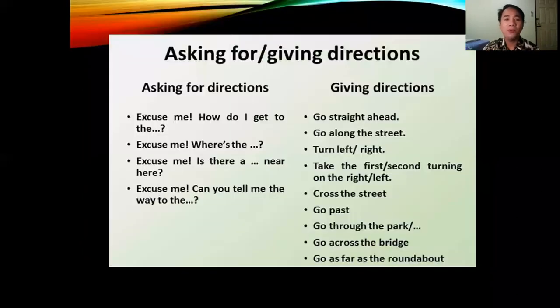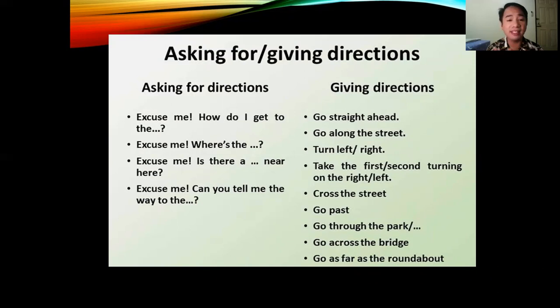So when asking and giving direction, these are the examples. How to ask direction and to give direction. When you ask directions, these are the examples. Number one, you have to say, excuse me, how do I get to, and state the place.